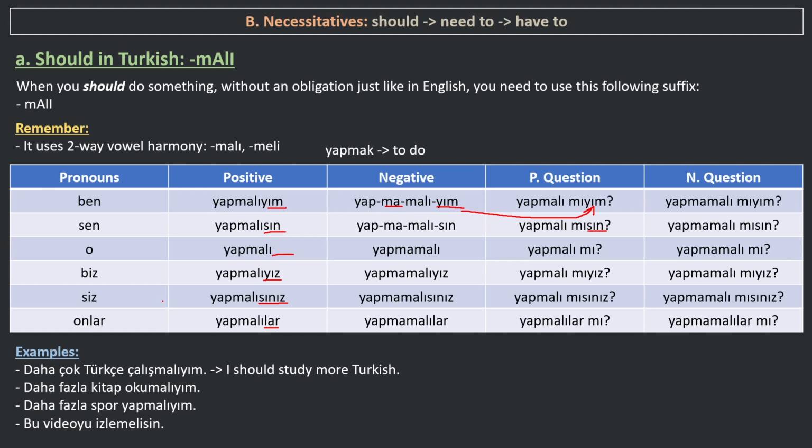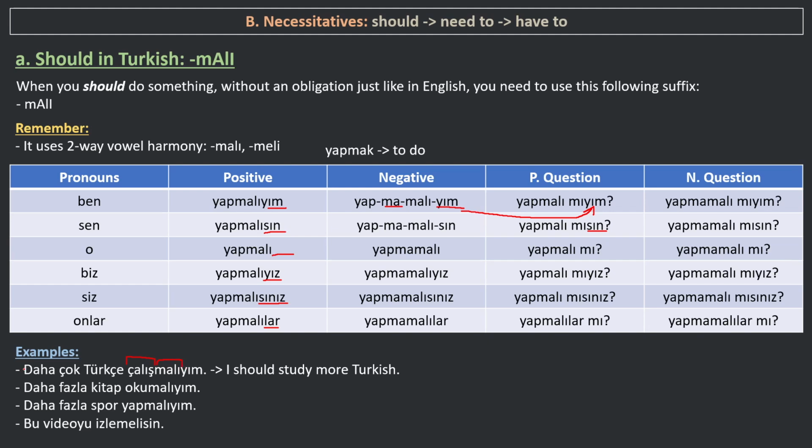Anyway, yes, I should study. You need to identify the stem of the verb. Like in English, study is the verb, and the stem here, our verb for to study, is çalış. And then you add this malı, and then the personal ending.